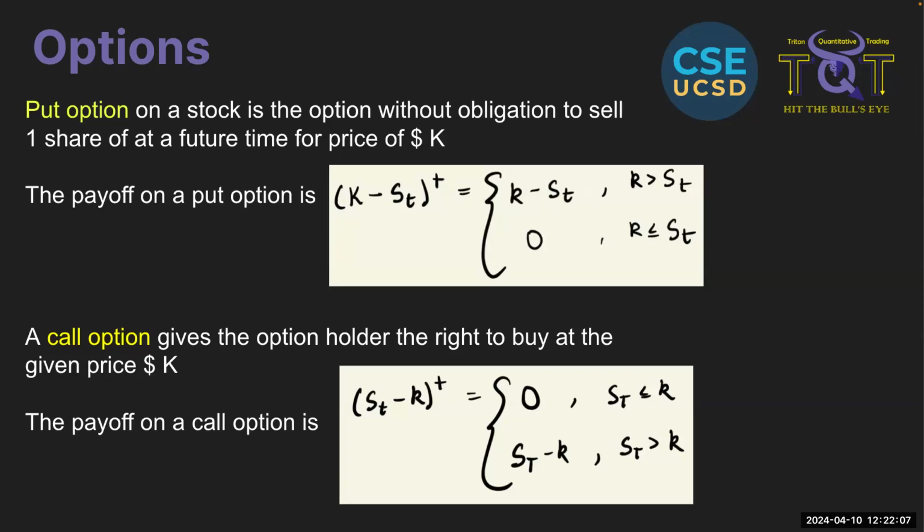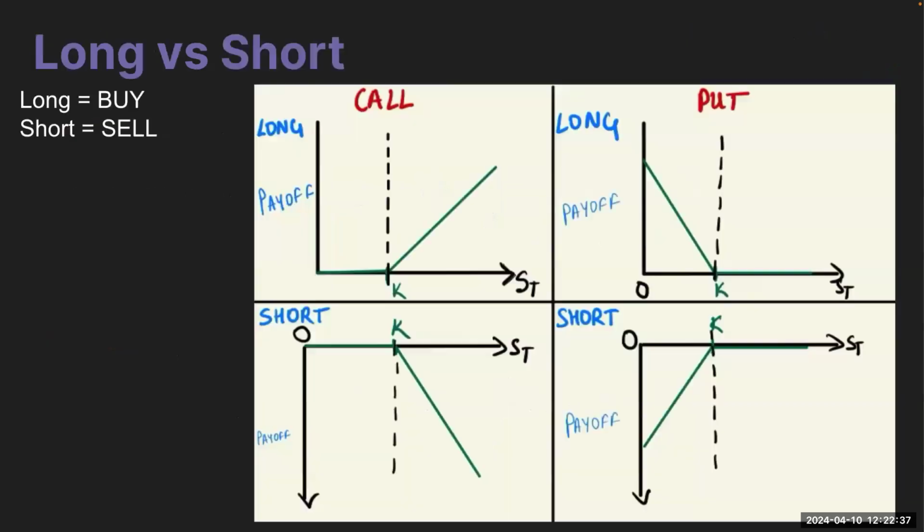In the put option, we did not make anything, we made $0 because it was 90 minus 100. But in a call option it is 100 minus 90, so you make $10. And if the strike price was $110, then in the put option we made $10, but in a call option we would not make anything.